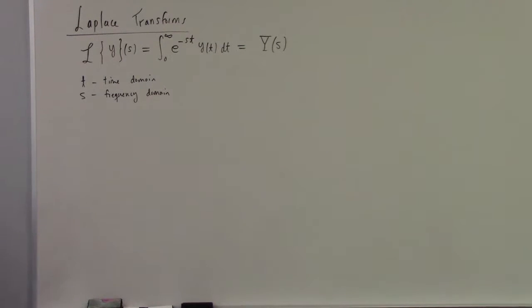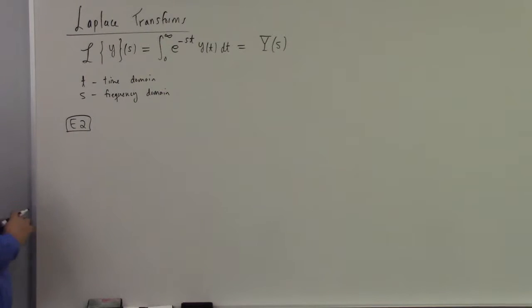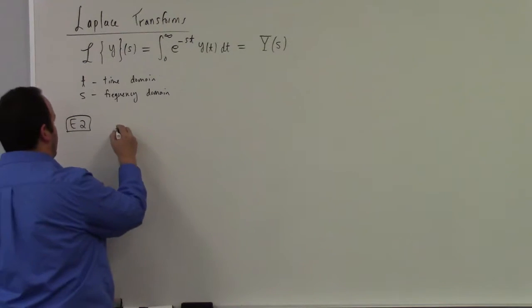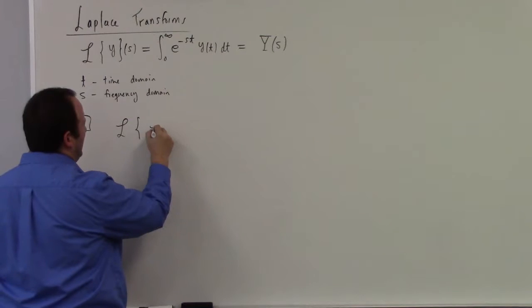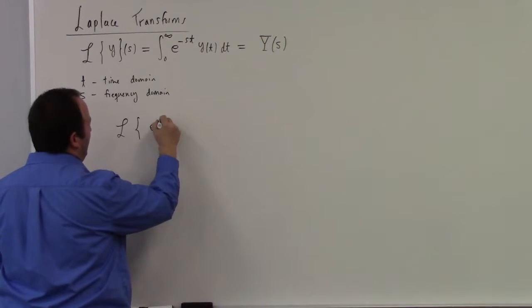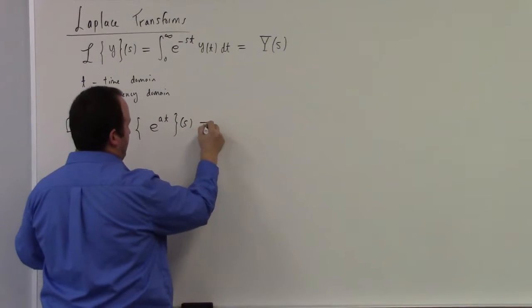Let's work an example. So this is example 2. We worked out the Laplace transform of 1 last time. We figured out it was 1 over s. So I'm going to do an example which supersedes that example. Here we go. So e to the, let's say, at. What's the Laplace transform of the exponential?